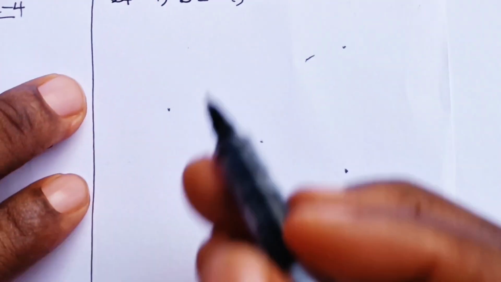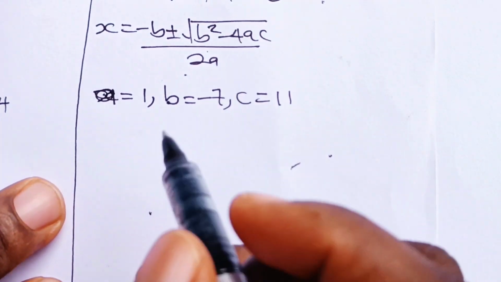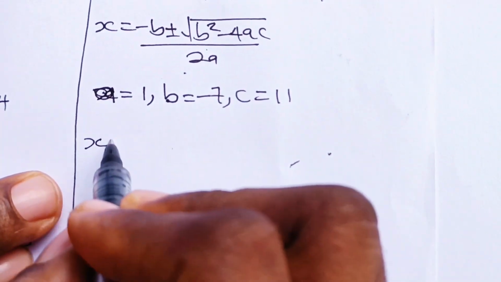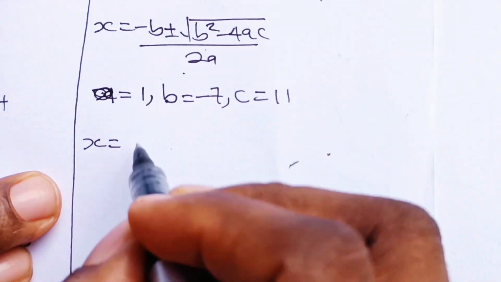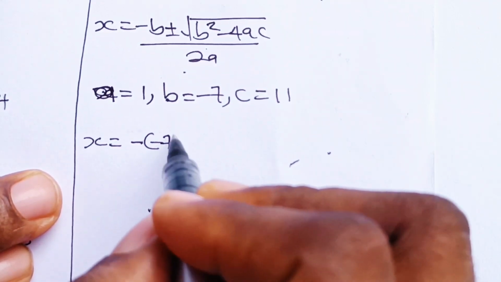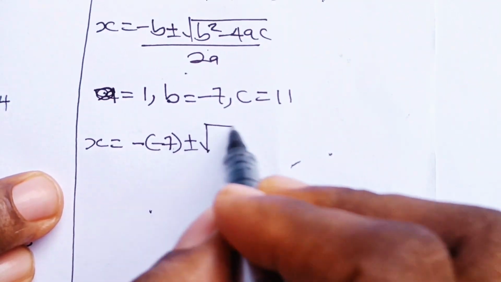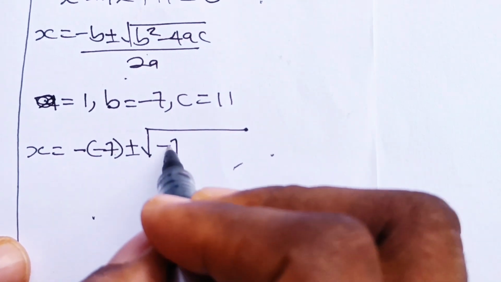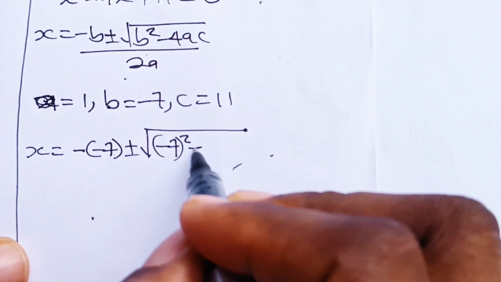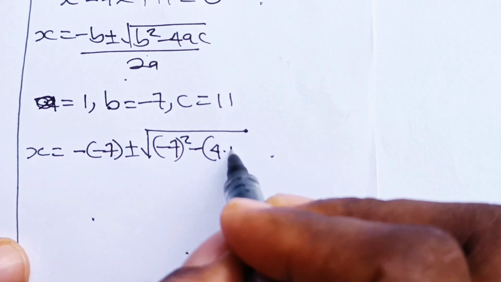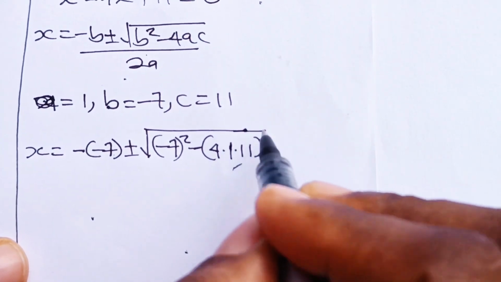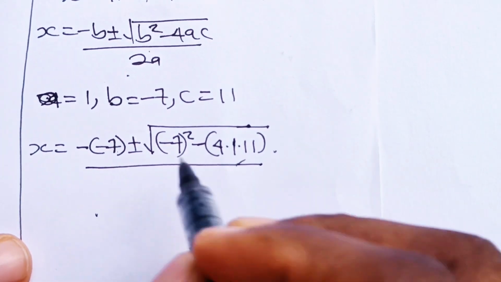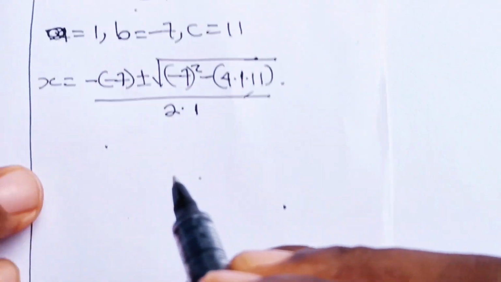So we can now substitute into the equation: x is equal to minus bracket minus 7, plus or minus the square root of b squared, that is minus 7 squared, minus 4ac, 4 multiplied by 1 multiplied by 11, everything divided by 2 multiplied by 1.